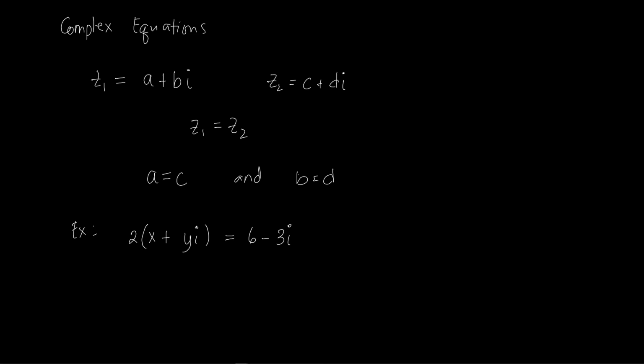Okay? So, yung gagawin natin is, i-translate natin siya sa ganitong form. We multiply yung 2, distribute natin, magiging 2x plus 2yi is equal to 6 minus 3i. So, by that, pwede na natin i-conclude na ito is equal sa 6, kasi a is equal to c. Then, b is equal to d, so ito naman is equal to negative 3. Okay ba?